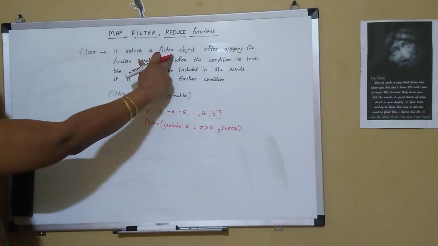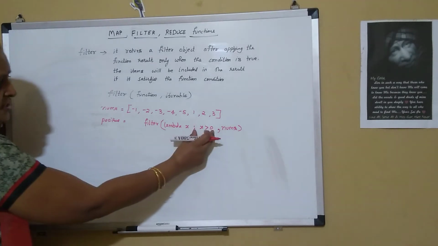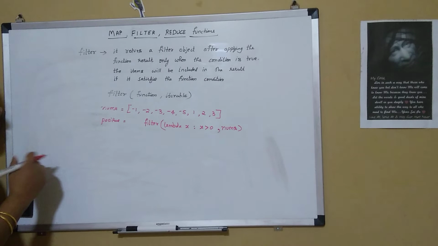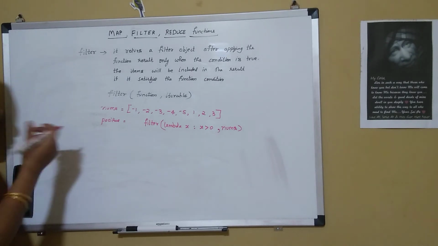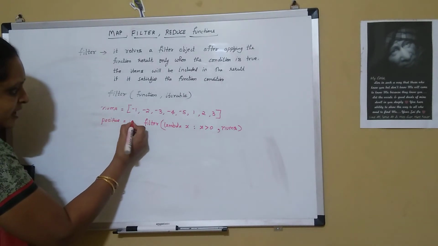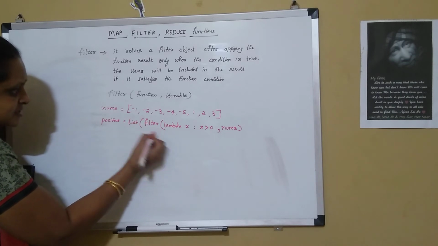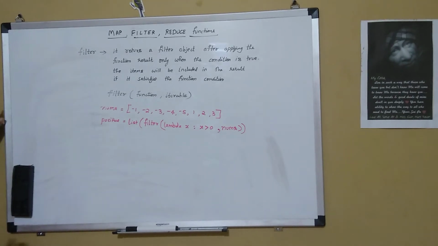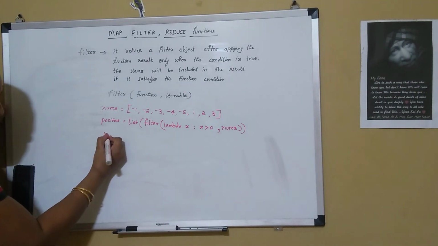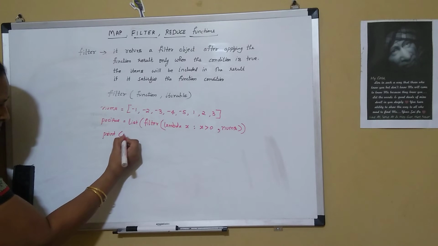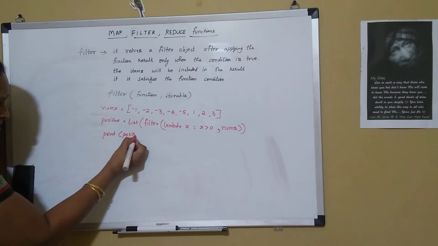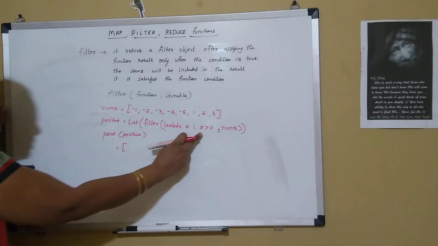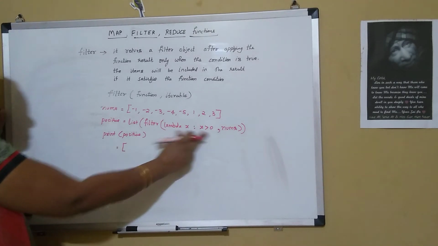This gives a filter object. After applying the function condition, it returns a filter object. So now if we want to have the output in the list format, we have to prefix it with the list method, so it converts the output into the list format. Now if I say print positive, it will give in the list format only the values of x which are greater than 0.